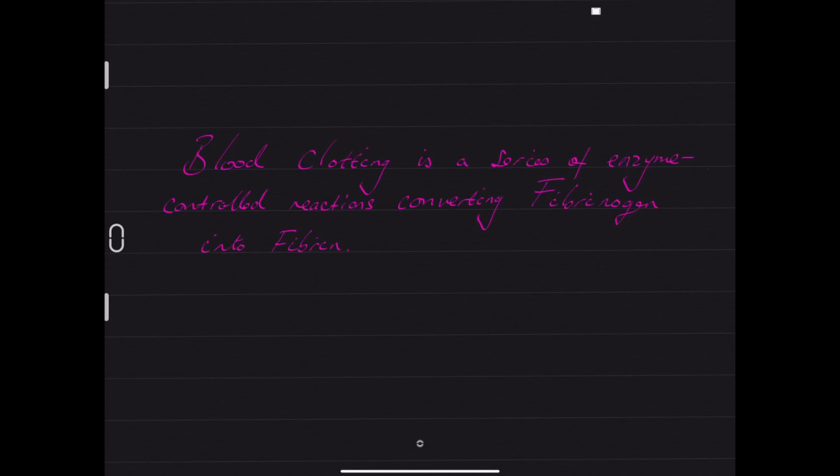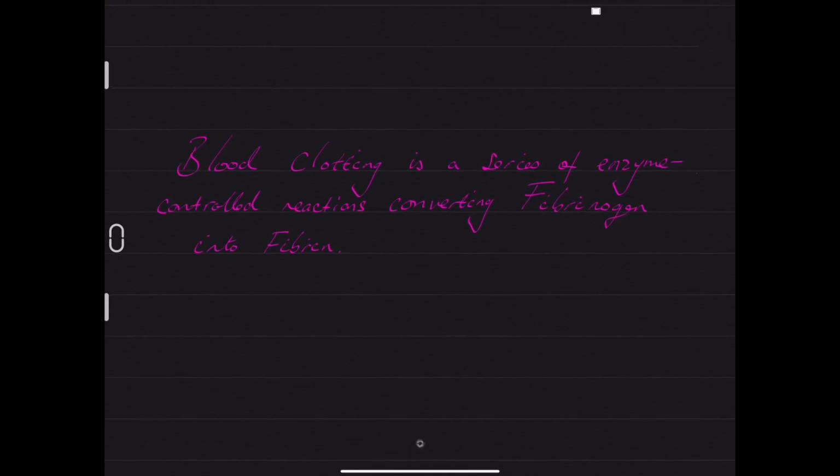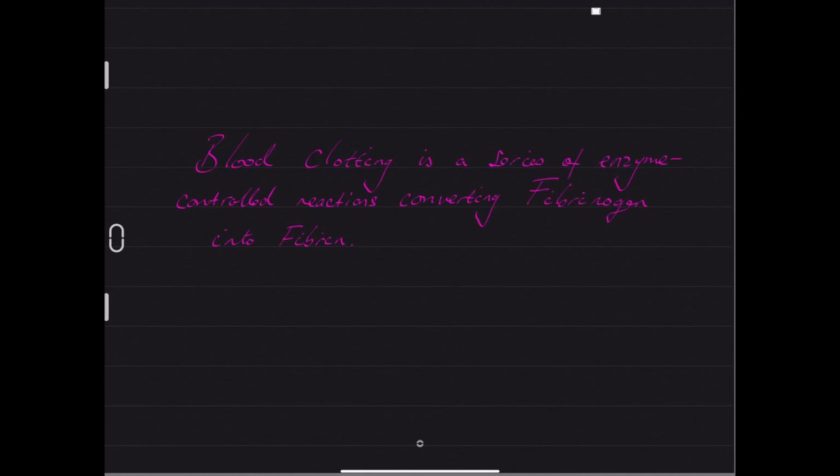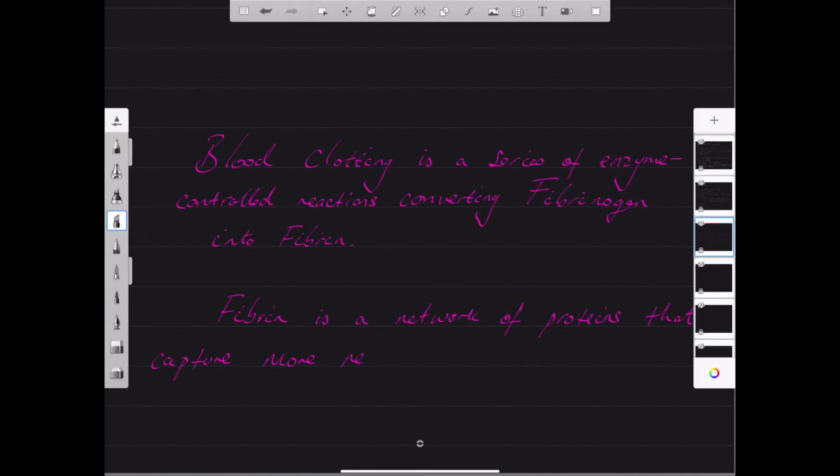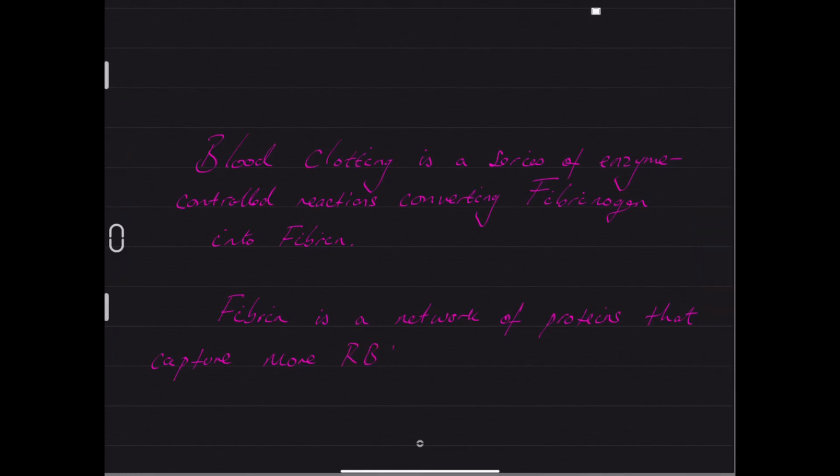So the fibrin, so can we put down: fibrin is a network of proteins that capture more RBCs and platelets to form a clot.